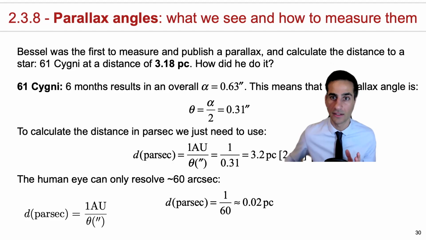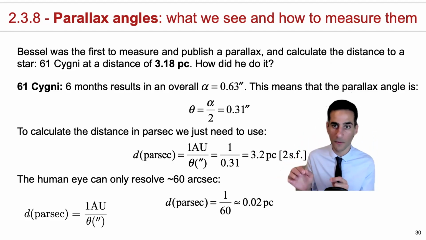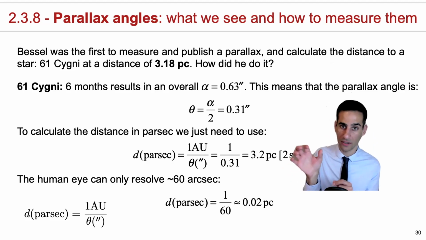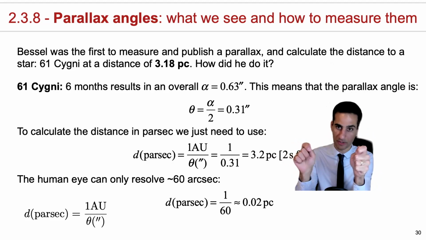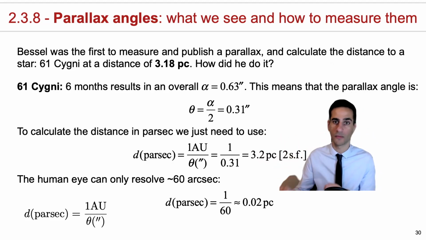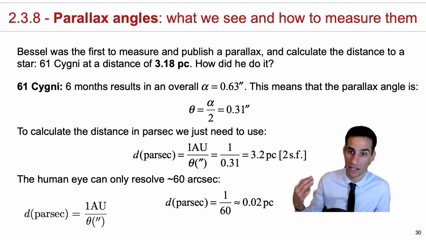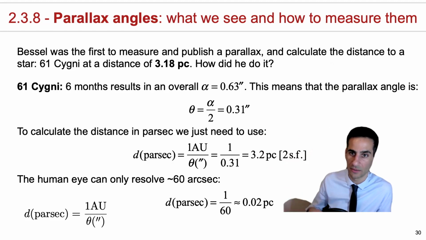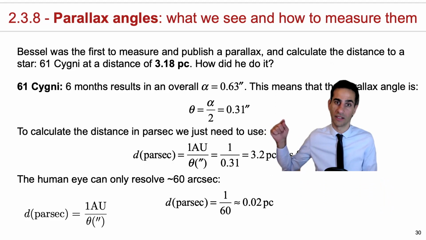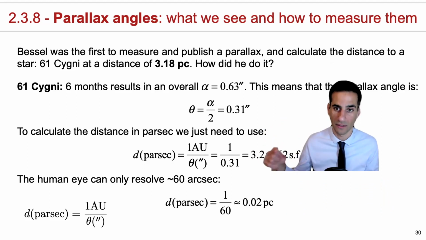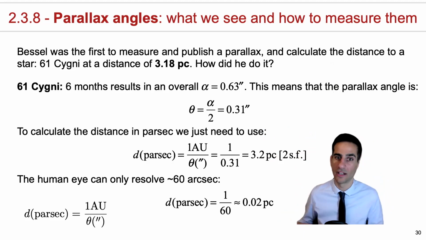So this implies that when we move from summer to winter, that's 6 months, 61 Cygni actually moves by 0.63 arcseconds from the furthest position to the other extreme. And if we see that, it means that the parallax angle is half of it. Remember that the baseline needs to be 1AU. And in this case, the parallax angle is actually 0.31 arcseconds. It's incredibly small, even though this is a relatively nearby object.